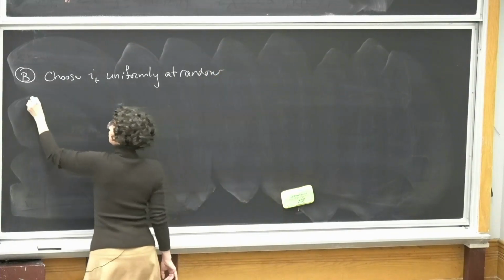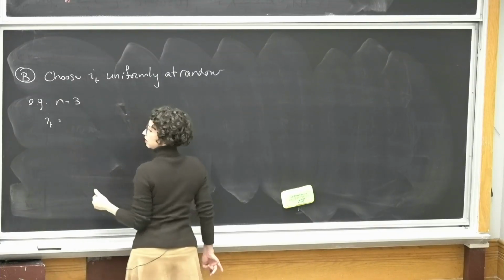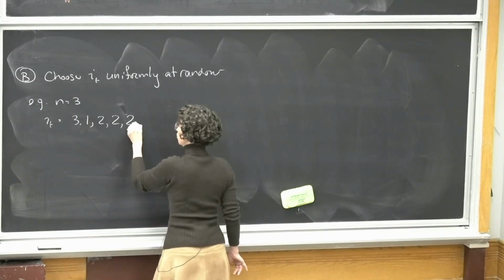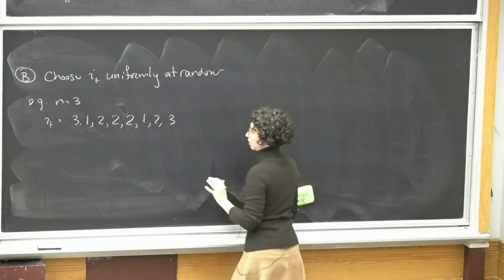And so, for instance, when n is equal to 3, my sequence of I_t might look like 3, 1, 2, 2, 2, 1, 2, 3, etc.